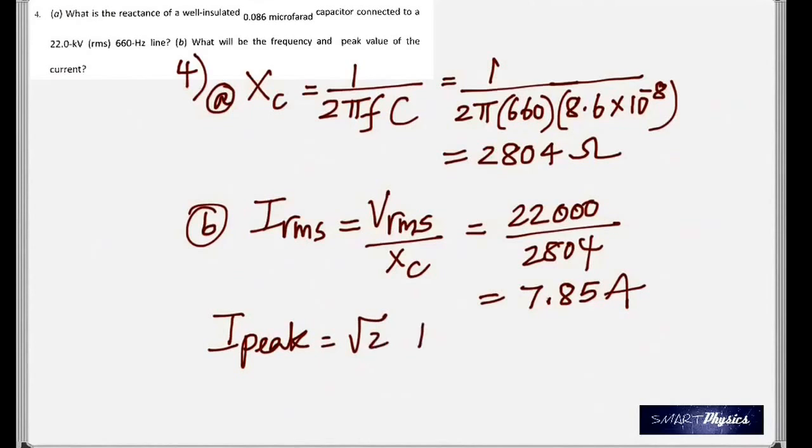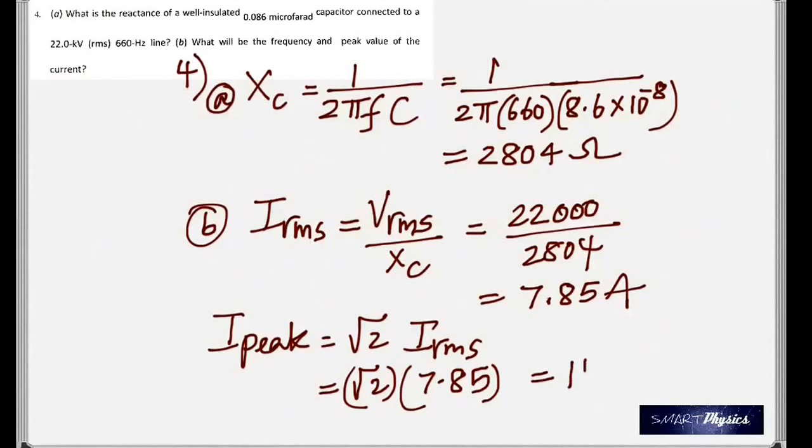But did you notice that you're asked to find the peak current? Okay. So you'll have to do square root 2 times the RMS current. Is 11 ampere at 660 hertz.